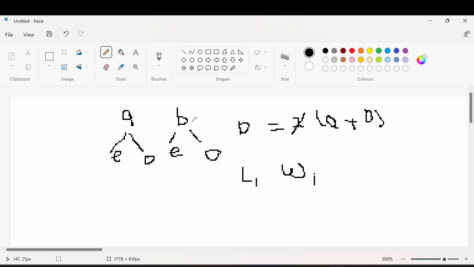If one of A and B is even and one is odd, that is A mod 2 is not equal to B mod 2, then we can print yes, right? That is, if one of them is even and the other one is odd, then we can take the tile of that dimension only and tile the whole floor at once.